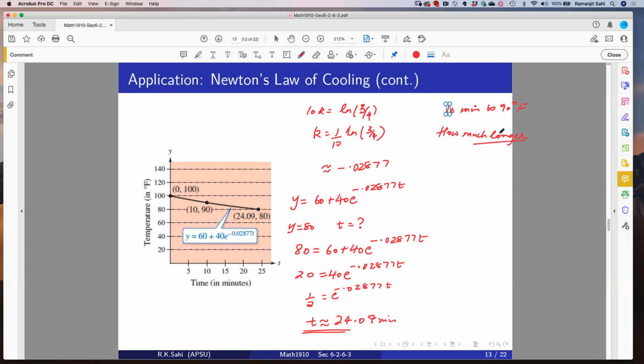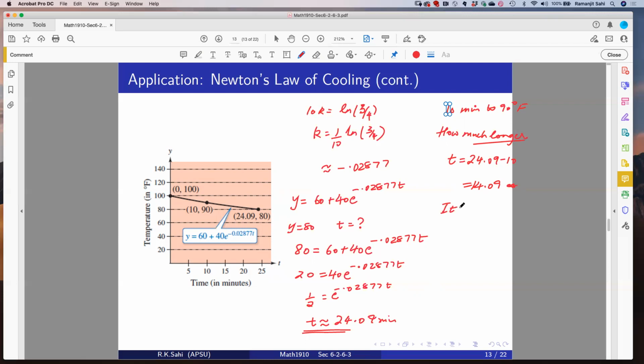After 90 degrees, that means t is 24.09 minus 10. It takes approximately 14 minutes. So let me write it down.